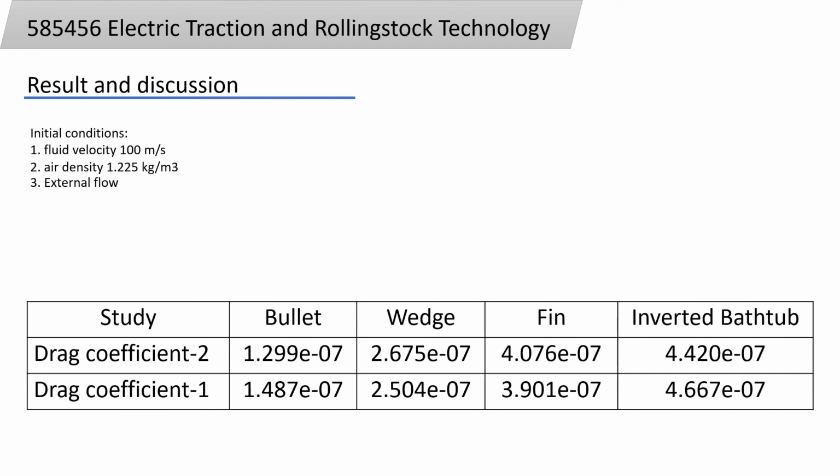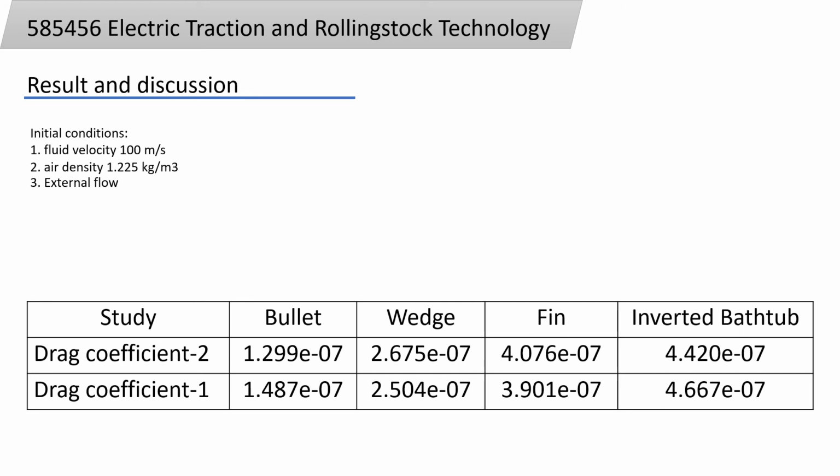From the previous slides, we can conclude both studies in the table shown in the slide here. We can see that the bullet shape has the minimum drag coefficient compared to the wedge, fin, and inverted bathtub. However, the wedge also has a small drag coefficient compared to the fin and inverted bathtub.